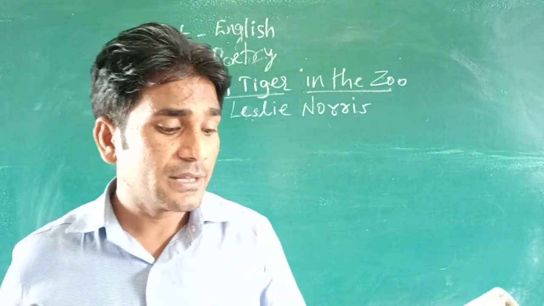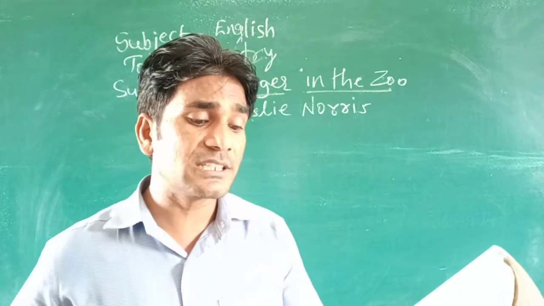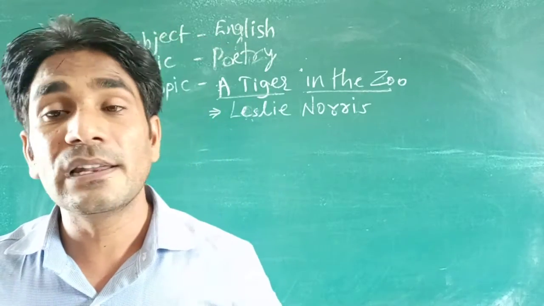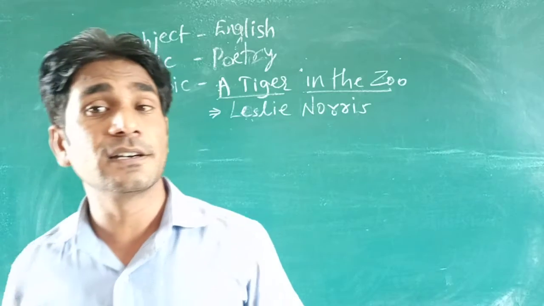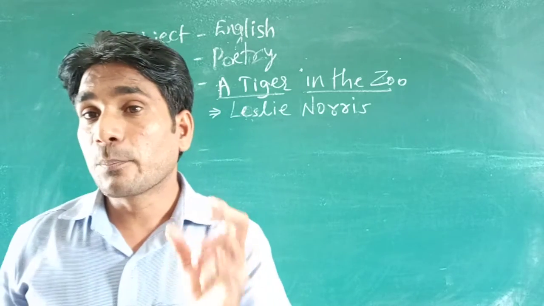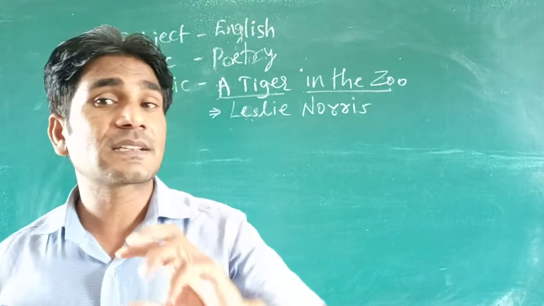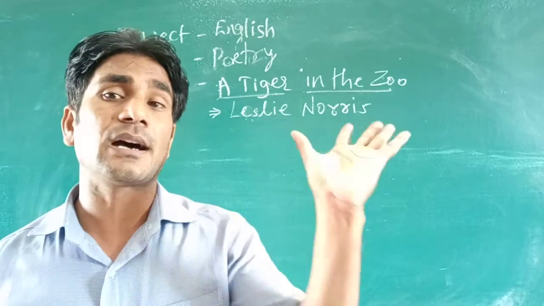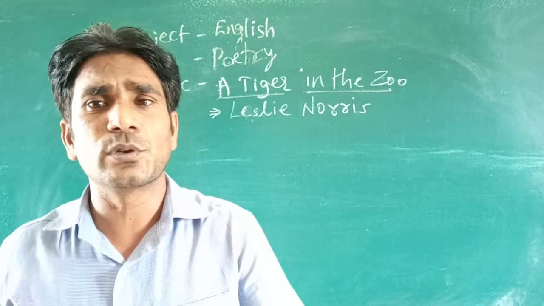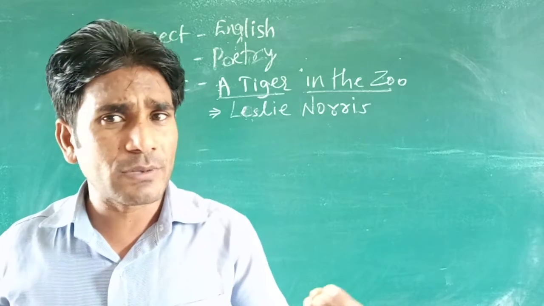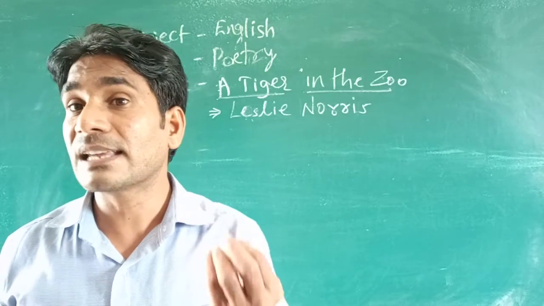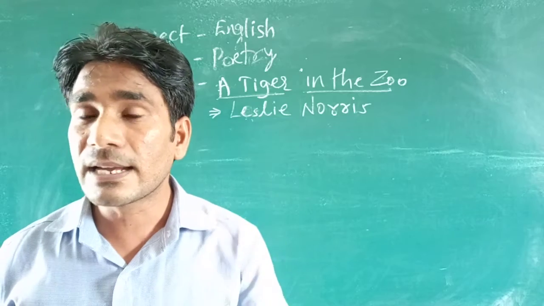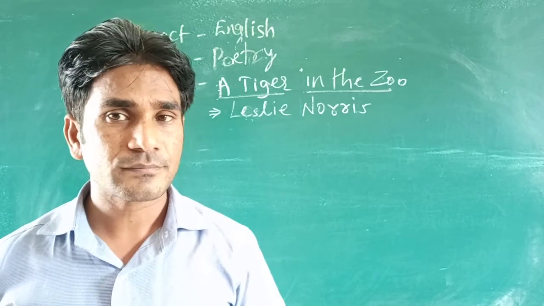Yes, and then he stares with his brilliant eyes at the brilliant stars. And look at there, here the poet described his eyes as brilliant eyes. As we know, he is a very brilliant, accurate, and intelligent animal.